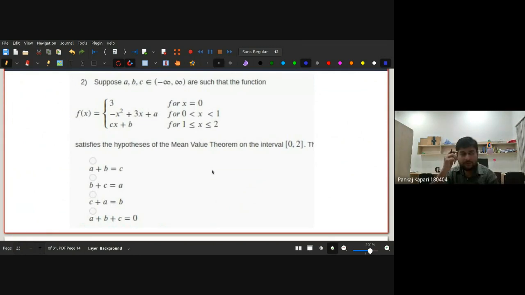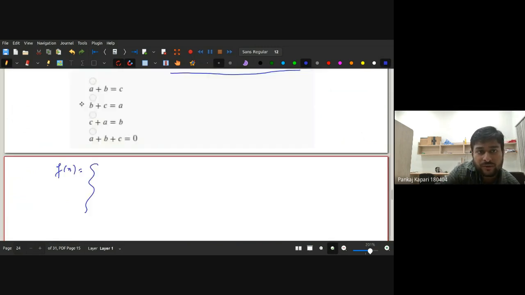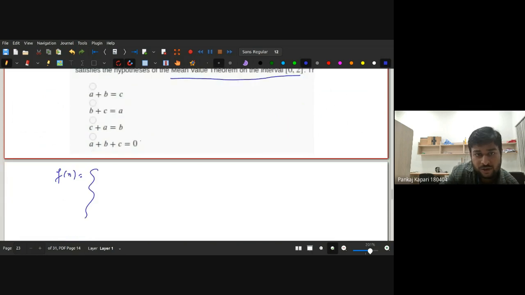Okay, so we have another function given by this partition. It has 3 different definitions, and it's said that the function satisfies the hypothesis of the mean value theorem on the interval 0, 2. So what is our function? Let me write it once.